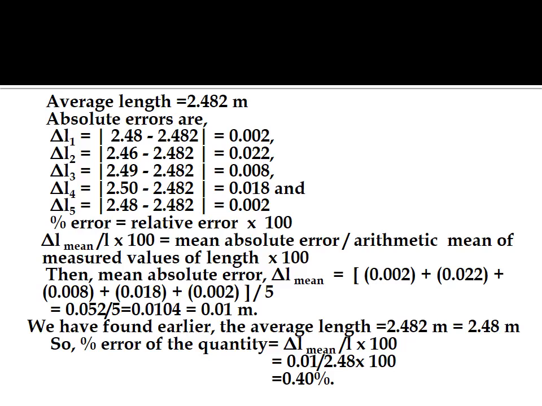And last, you have to find percentage error, which is equal to relative error multiplied by 100.